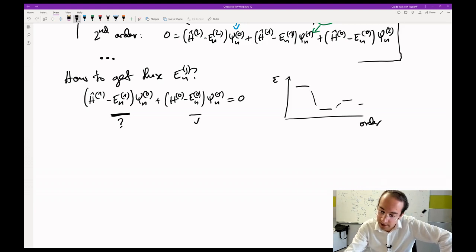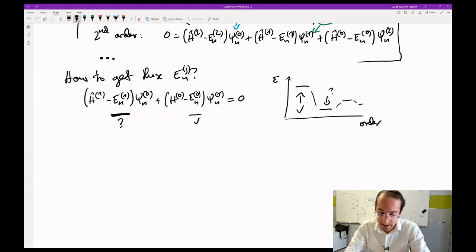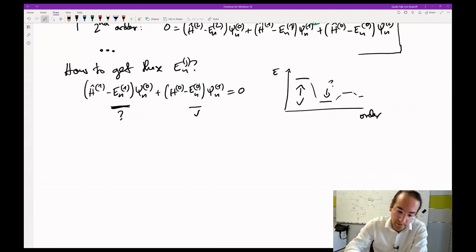And the question is, we have this one, and now what about this one? So what's the next? And how we do that is we take our individual wave functions, and we will project this onto some trial wave function.